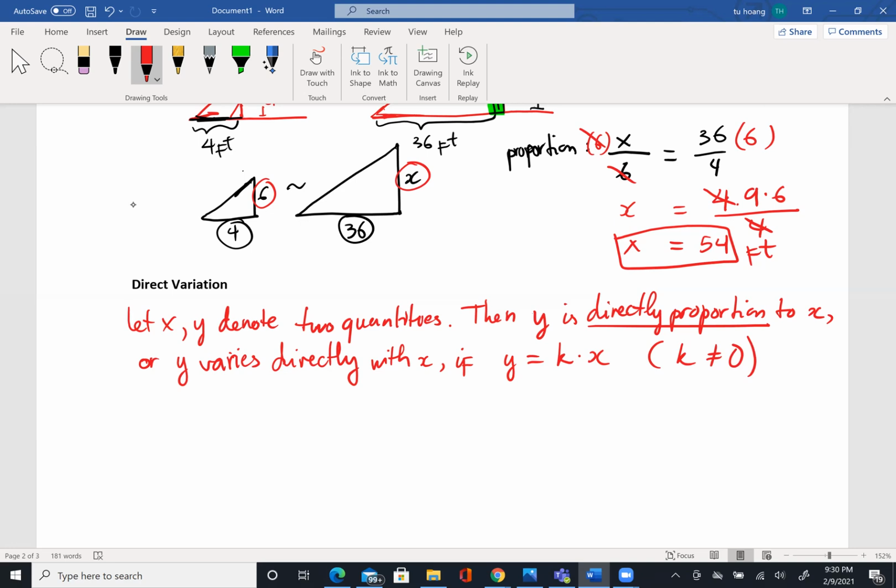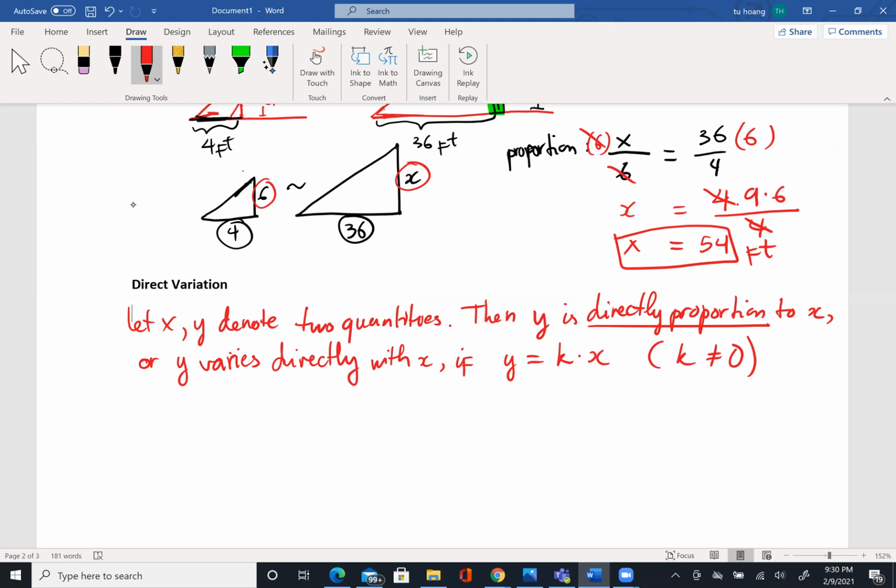Okay, k can be any constant number but not 0. And k is also called the constant of proportionality, or constant of variation. Anyway, just constant.